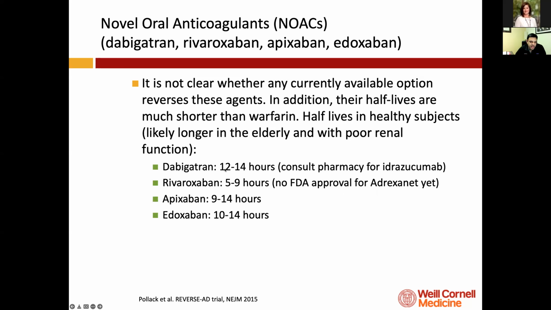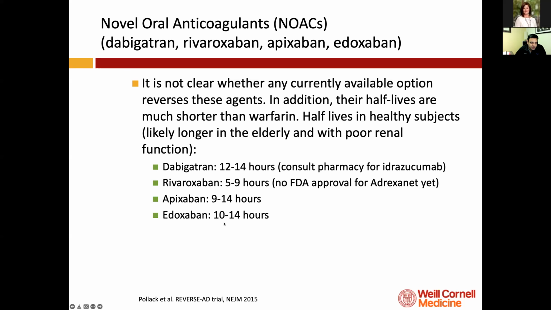But for dabigatran, we have a randomized clinical trial which clearly showed that the specific binding antibody, idarucizumab, is actually very effective. So for dabigatran, that's when we use this specific medication. The trade name for dabigatran is Pradaxa, and this medication is called Praxibind, which is definitely available at NYP.